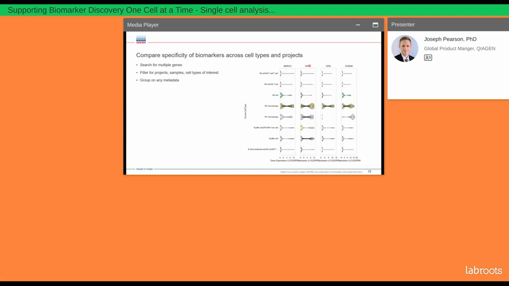And so we can see that some genes are highly specific for a subtype of macrophages, whereas some others are more broadly expressed across multiple types.